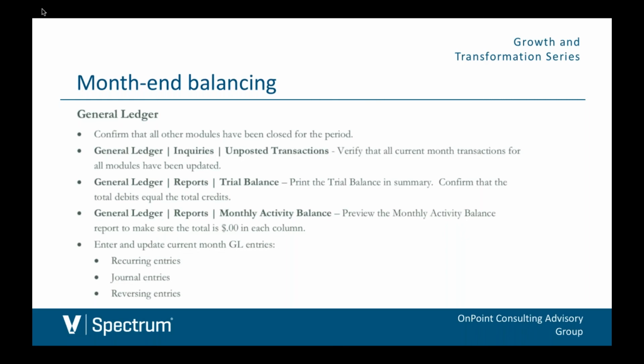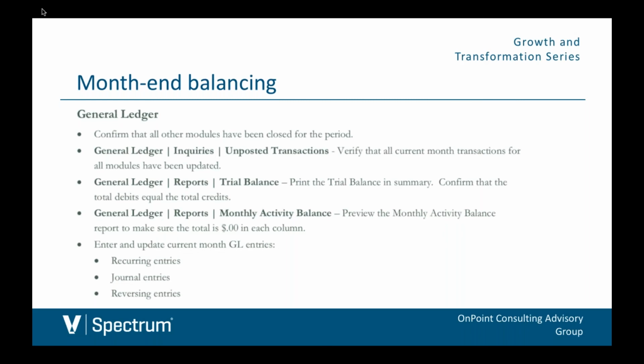Then there's a monthly activity balance report, and make sure that in each of those columns it comes down to 0, because that would mean your debits and credits are equal.